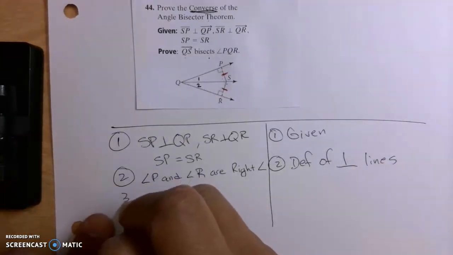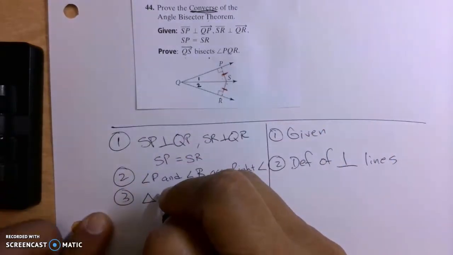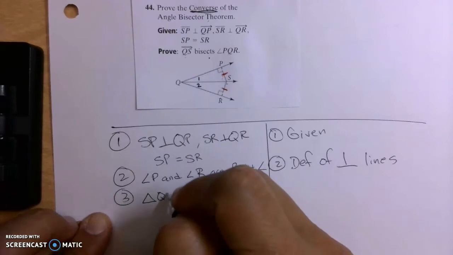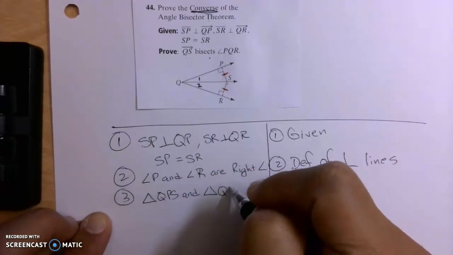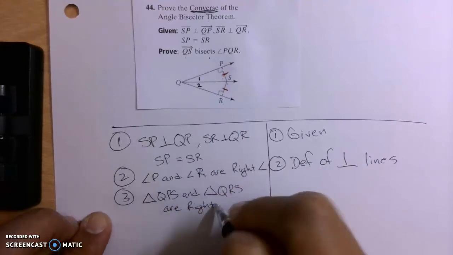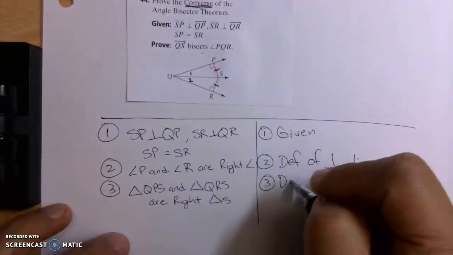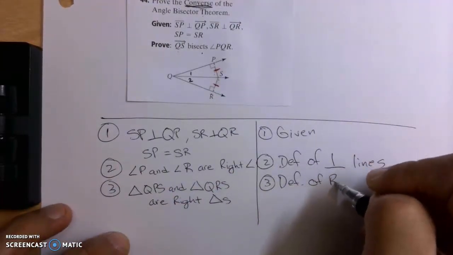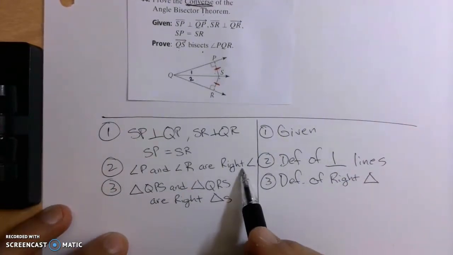If you have right angles, then you have right triangles. So that's what I'm going to say next. Triangle on the top, QPS, and triangle on the bottom, QRS, are right triangles. And the reason why they're right triangles is because of step 2, I have right angles. That's the definition of a right triangle.